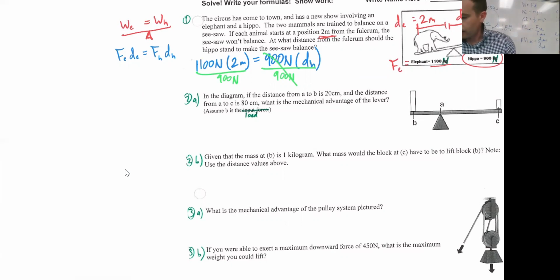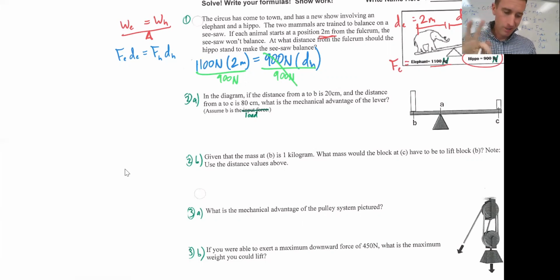I'll need to use a calculator for that one because I have forgotten my 11/9 times tables. 1100 times 2 divided by 900 gives me 2.44 repeating meters. Now, in this case, all of my numbers are like one significant figure, so I could round it to 2, but that's not specific enough.